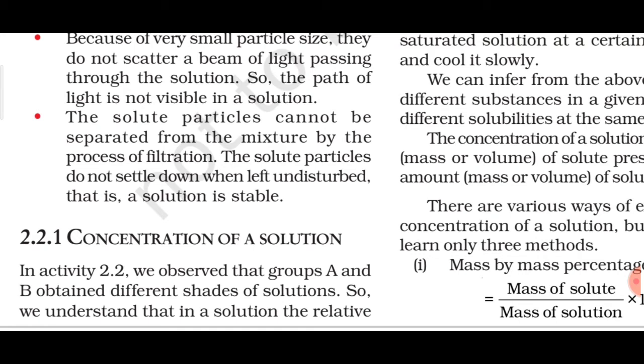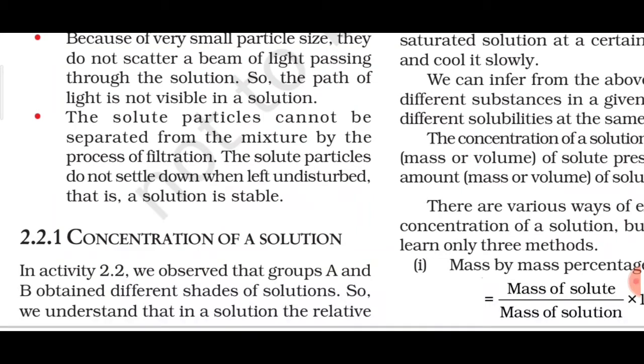In that activity it is given that Group A has prepared copper sulfate solution by adding only a few crystals of copper sulfate in water, and Group B has prepared copper sulfate solution by adding one spatula full of copper sulfate in the same volume of water. The color of copper sulfate crystal is blue.